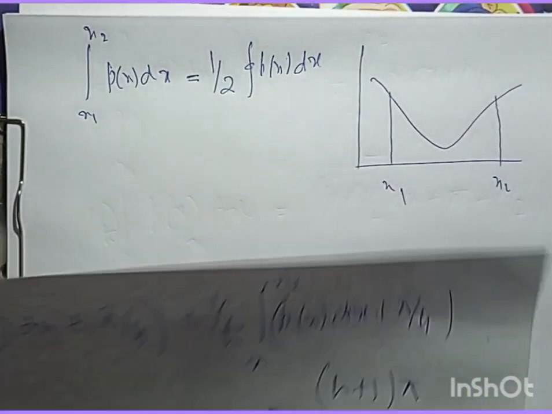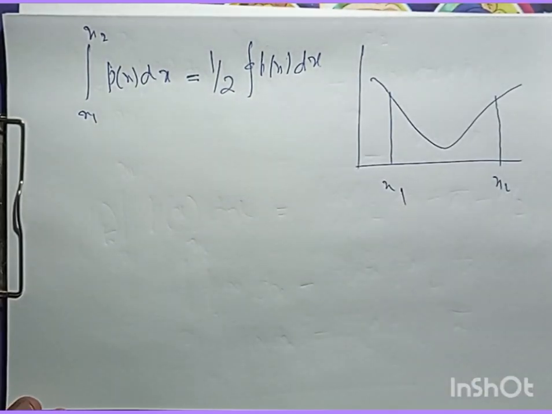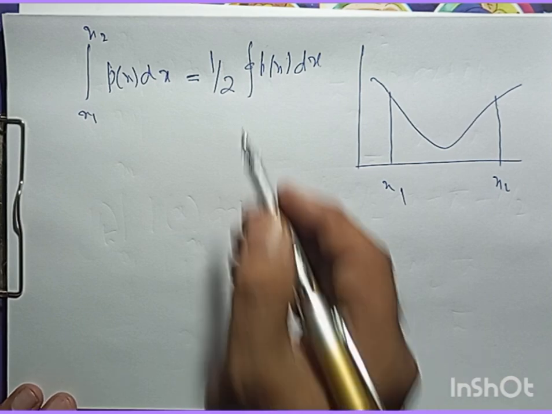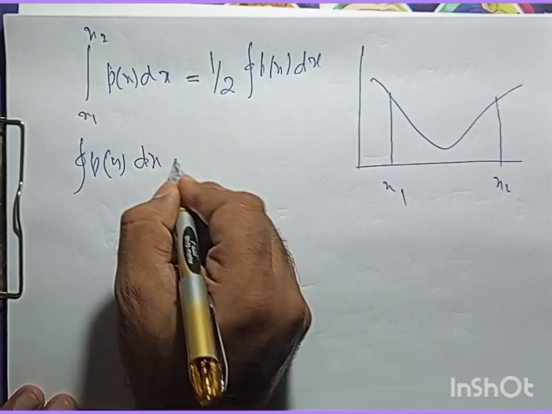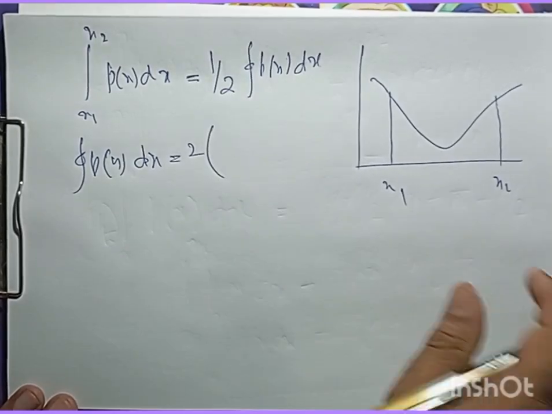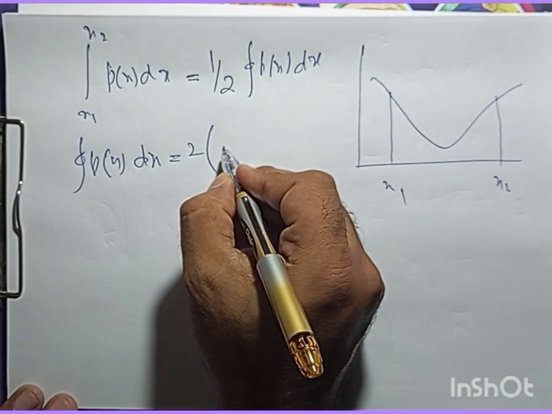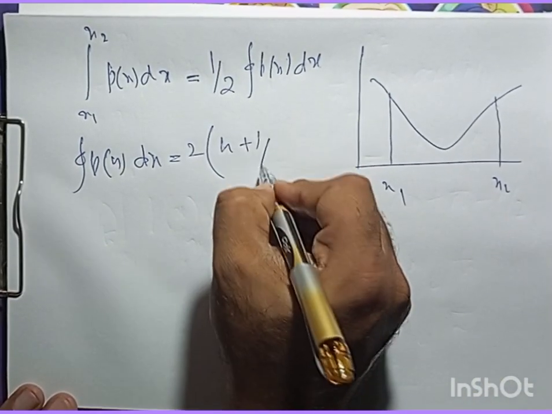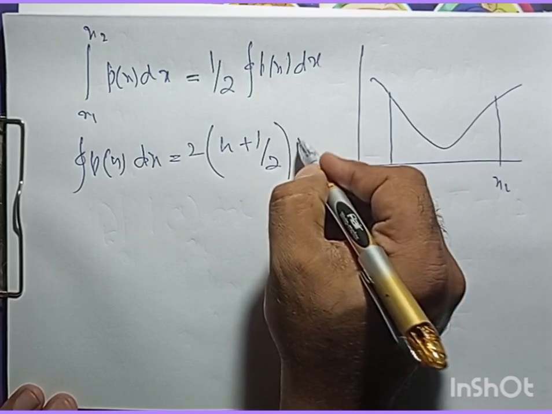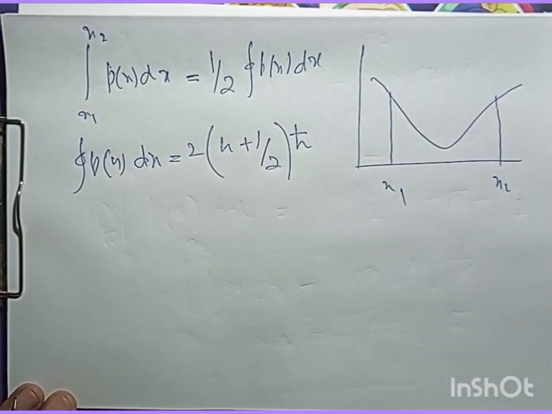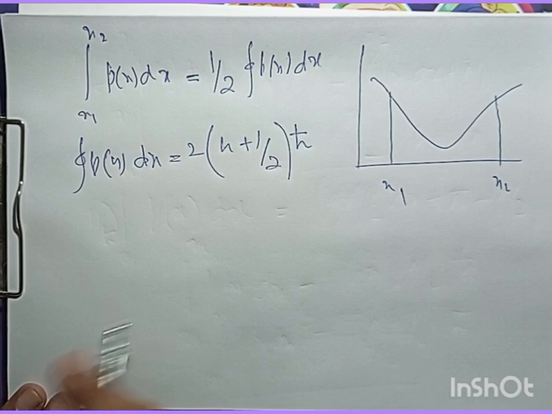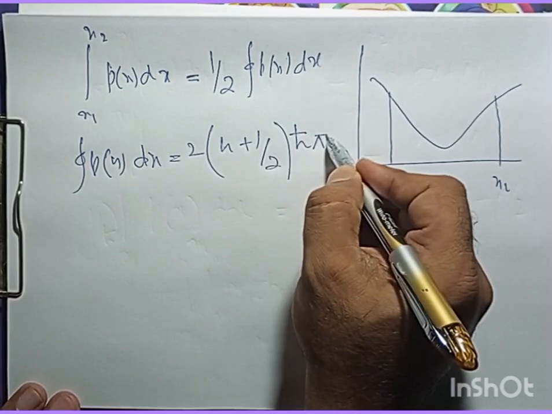So we will have the closed integral of p of x dx equal to 2 times (n plus 1 by 2) h bar. I think I forgot pi.